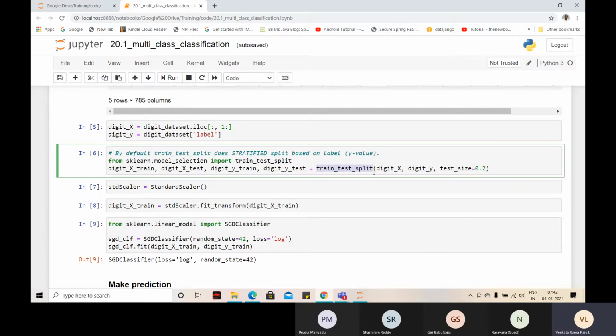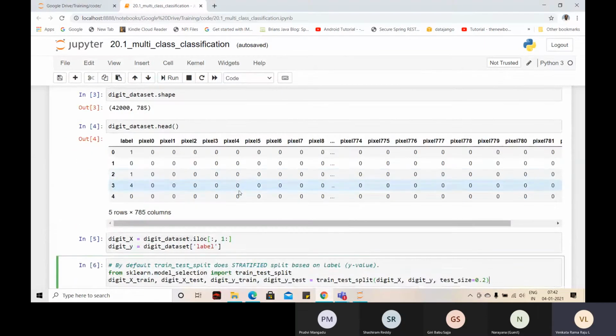If you remember, when I say test percentage is 20%, 0.2 means 20%, how is it going to split the data? Stratified. Stratified means from the zero class it will take 20% into the test set, from one class 20%, right? So the y variable is the stratifying column here.